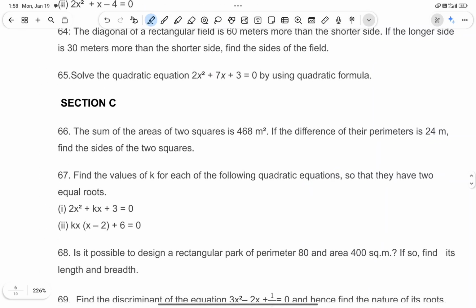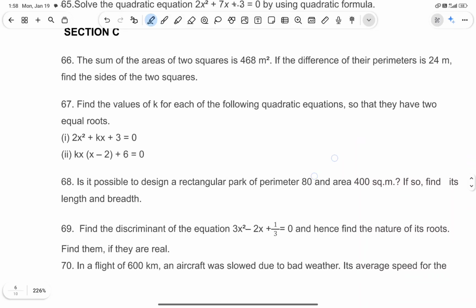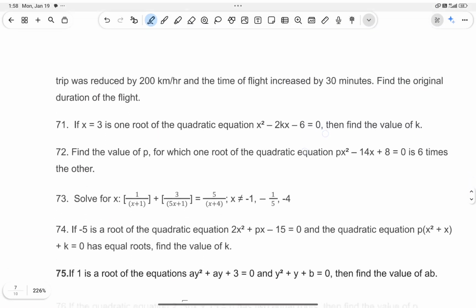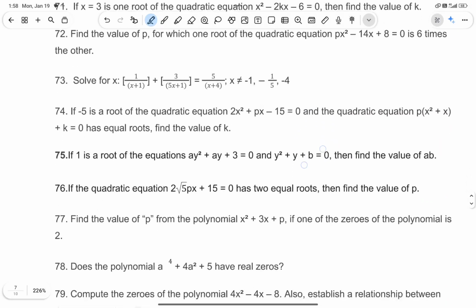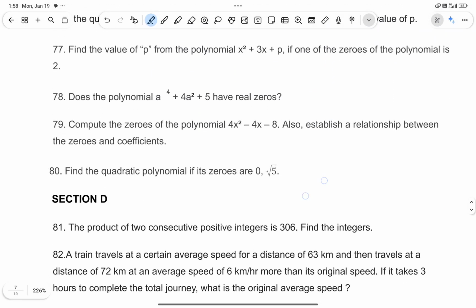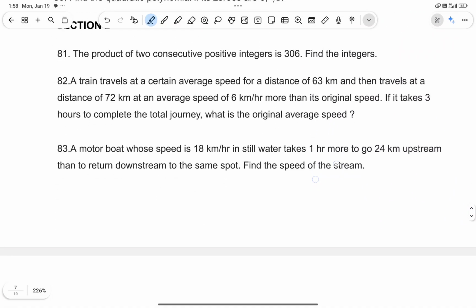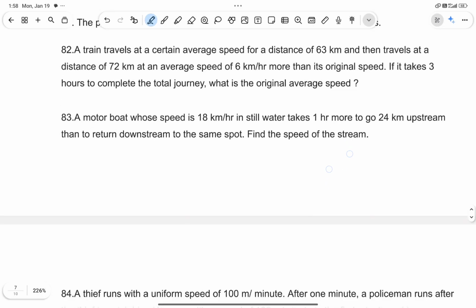Now section C starts from the 66th question. This is section D, which starts from the 81st question.